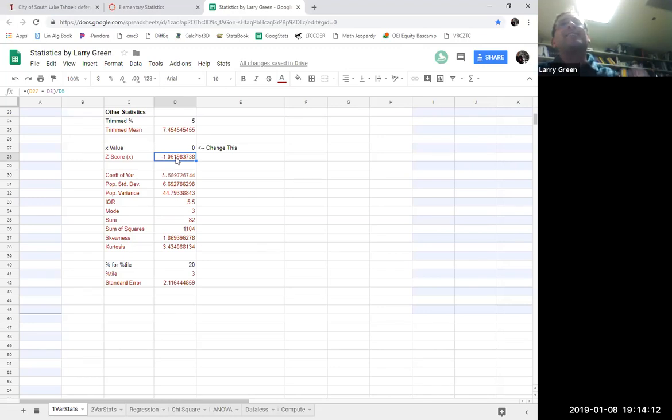But the z-score will tell you how unusual something is. If you're at a z-score bigger than 2 or less than -2, we call it an outlier, and that means it's unusual.